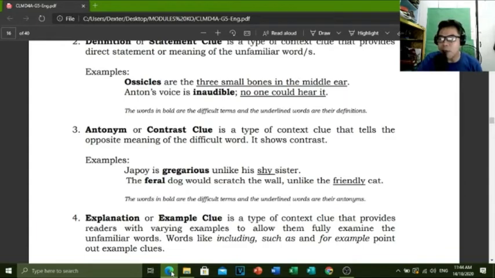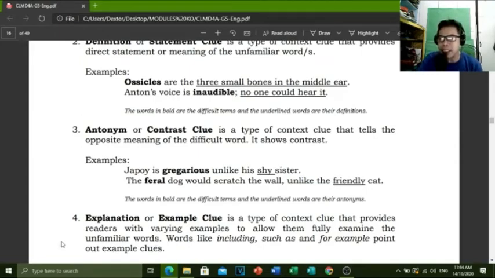The antonym or contrast clue. It is a type of context clue that tells the opposite meaning of the difficult word and it shows contrast. Okay. So, kanina, if you remember also, I've already shown you an example of a sentence that has an antonym as its context clue.